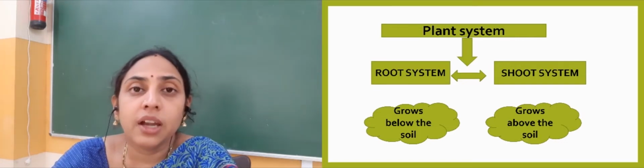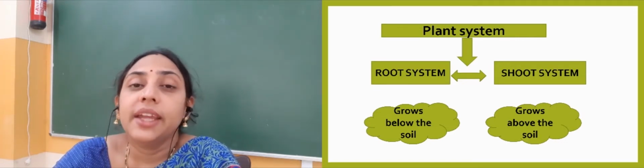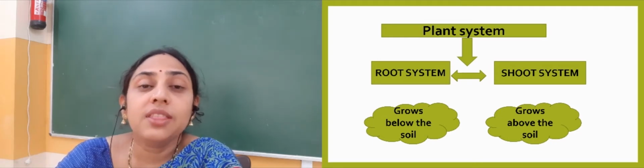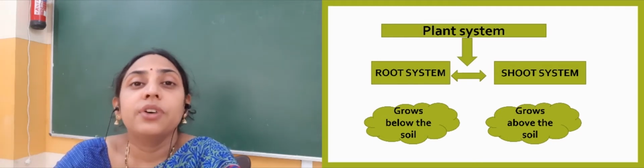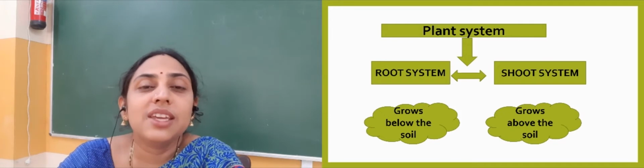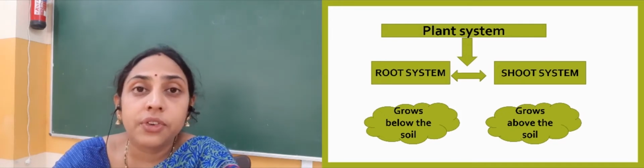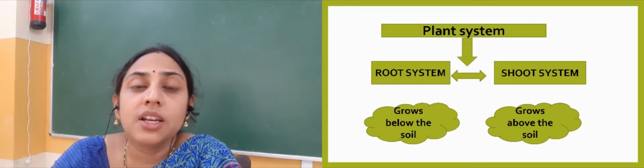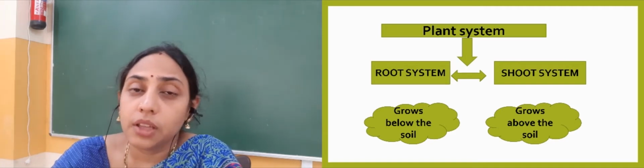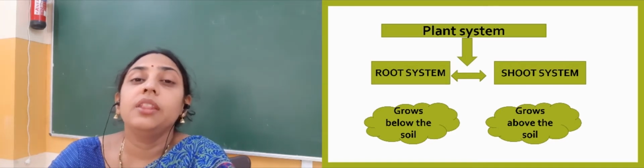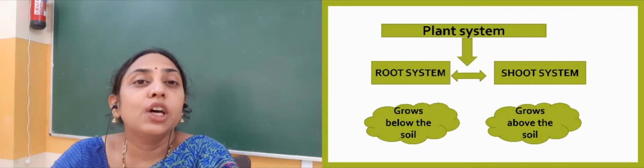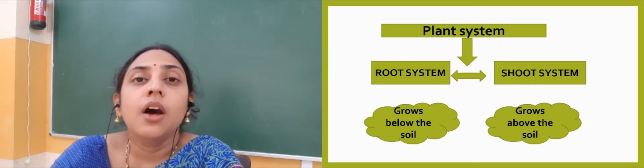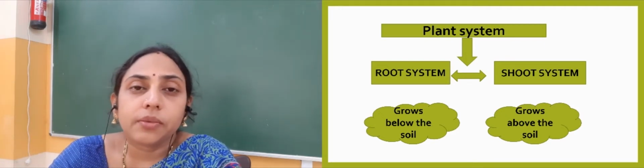So every plant will have two parts, root and shoot. When the seeds germinate, first the tiny roots start growing and after that the shoot starts growing, right? The roots start growing in the downward direction, the shoot starts growing in the upward direction.